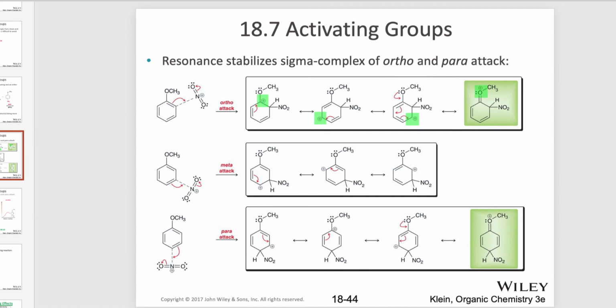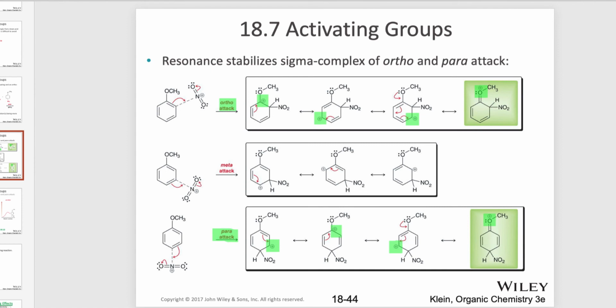And because of this additional resonance effect, we have a fourth sigma complex available, and that makes the ortho and para attacks more favorable. So this is just another example where your ability to deduce the answer based on the electronics and the stability concepts you're familiar with applies.